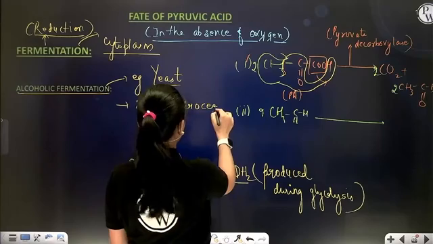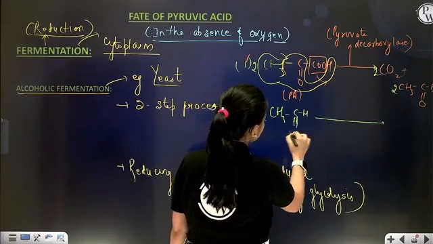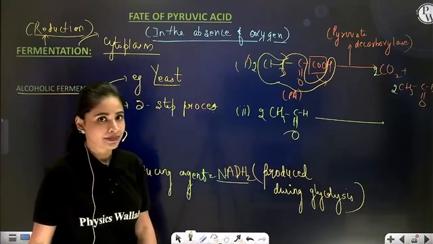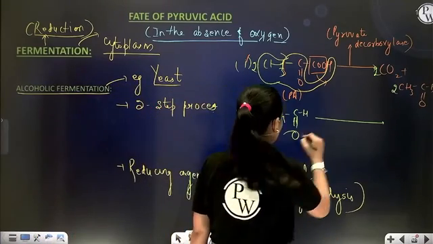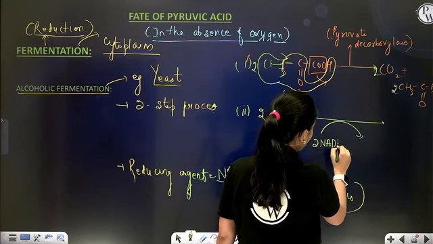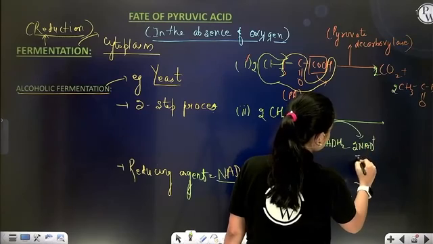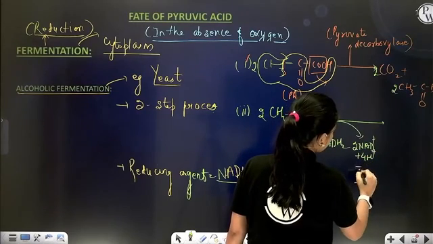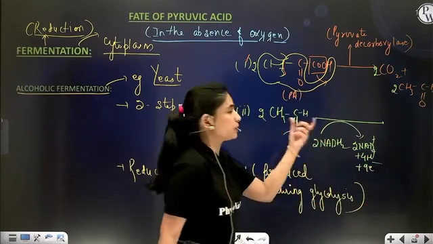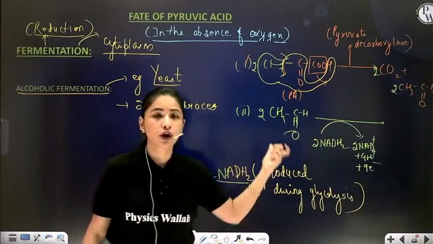Okay, so I'm having two molecules of CH3CHO, acetaldehyde. It is going to undergo reduction. The reducing agent will be NADH2. NADH2 itself will get oxidized but will reduce acetaldehyde into alcohol. Which alcohol?